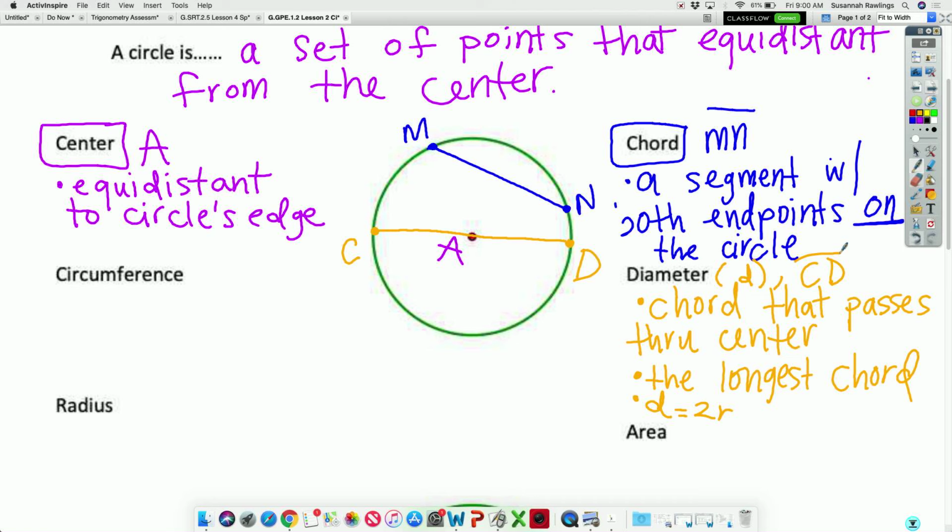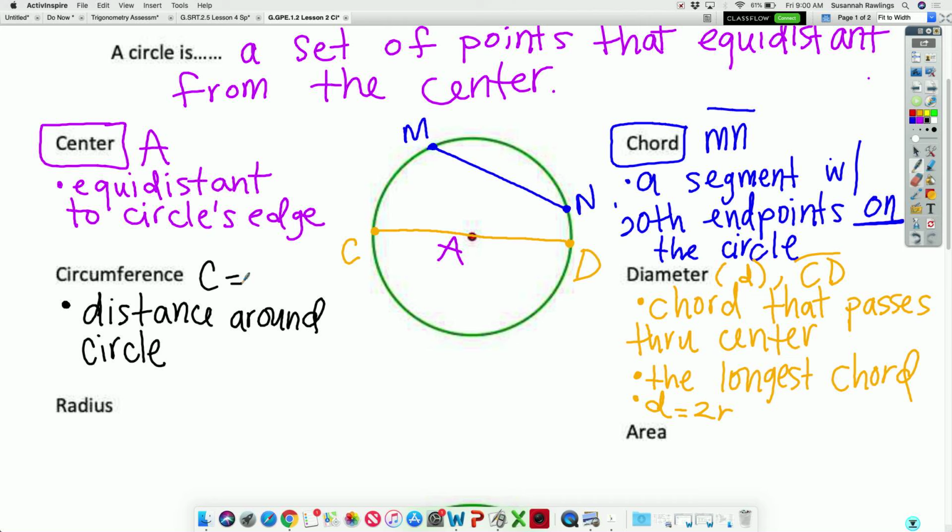Okay, circumference, we already went over this, but what's the definition of circumference? It's the distance around the circle. And what did we say our equation was for circumference?